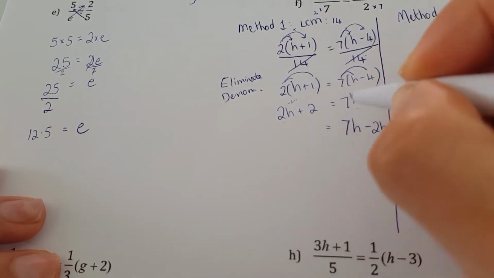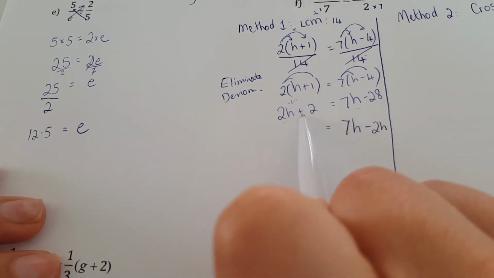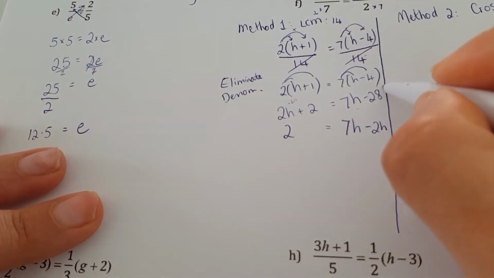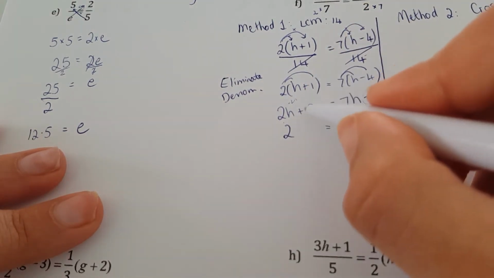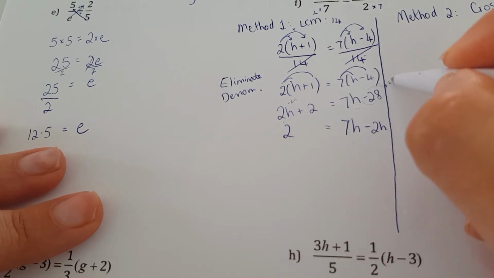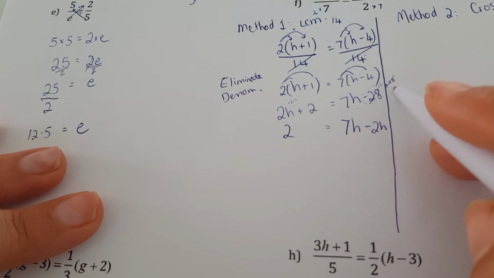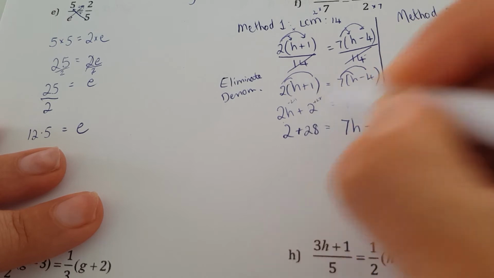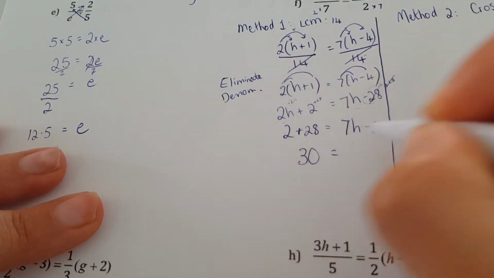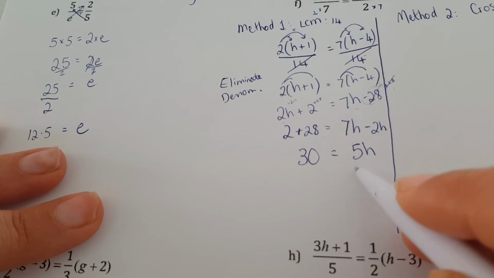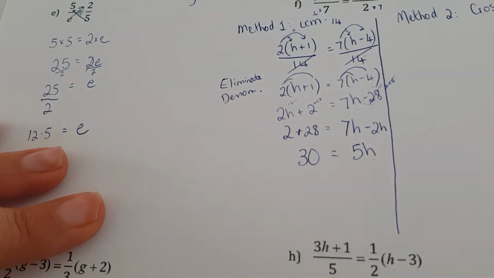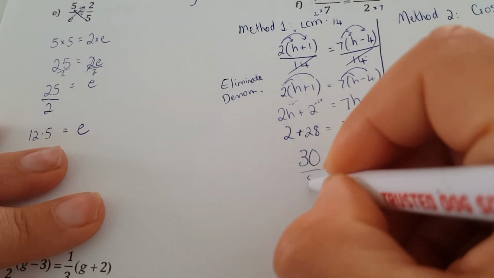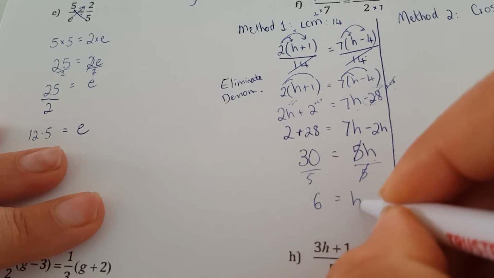Now with the numbers, this number is going to remain on the left hand side of the equals, and the minus 28, to eliminate it and place it on the other side, I need to add 28, so it becomes a 0 here, and add 28 to the other side as well. So I have 30 is equal to 5h. 5 multiplied by what will give us 30? 5 times 6. You can continue, divide by 5 on both sides, so 6 is equal to h.